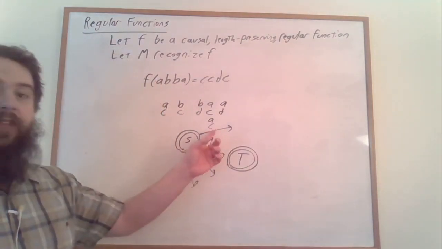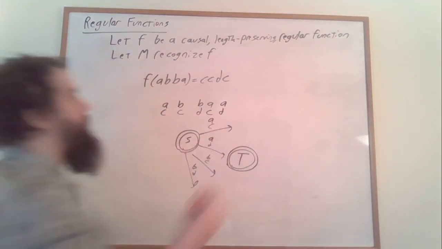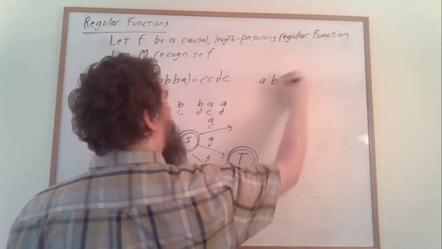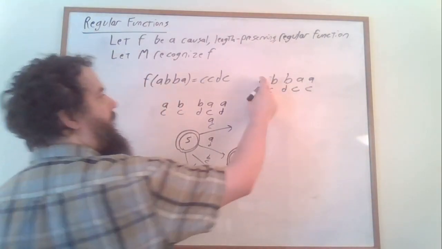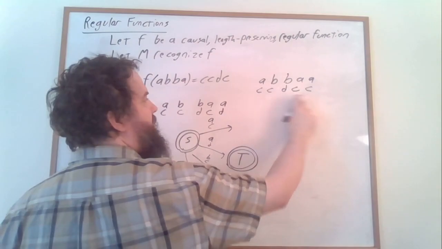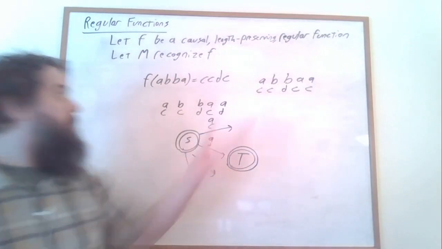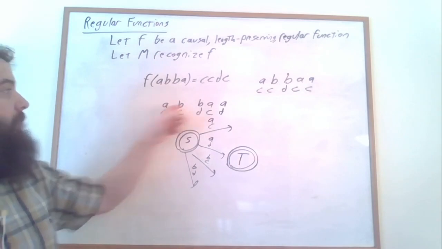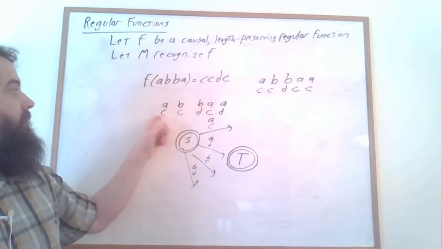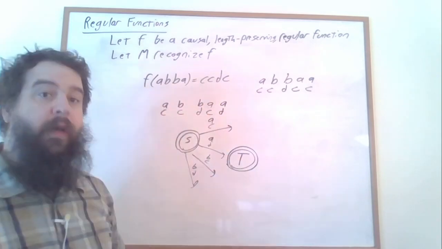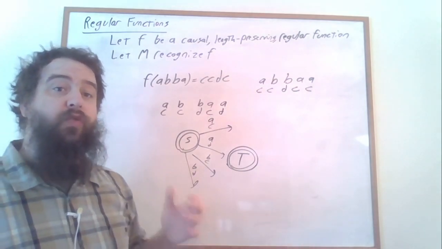But what about the edge AC? What would happen if we read in ABBA, CCD? Well, this certainly wouldn't be an accepted word because we know that f of ABBAA is CCD. But in fact, this is actually a doomed word.